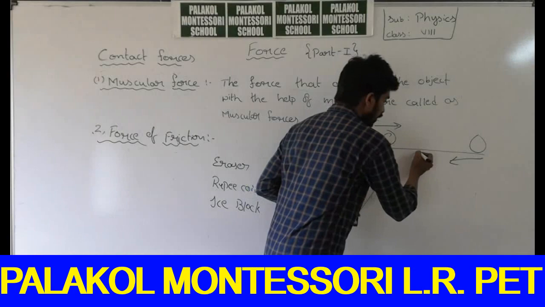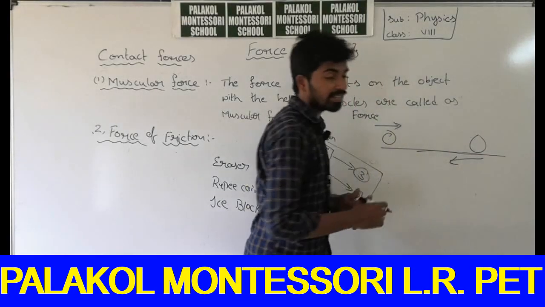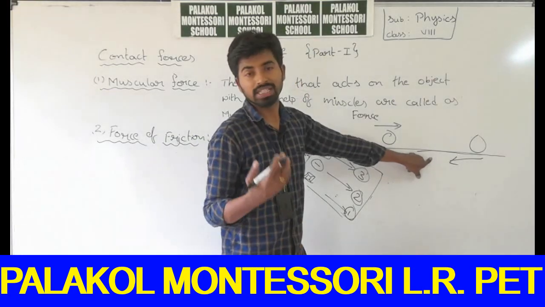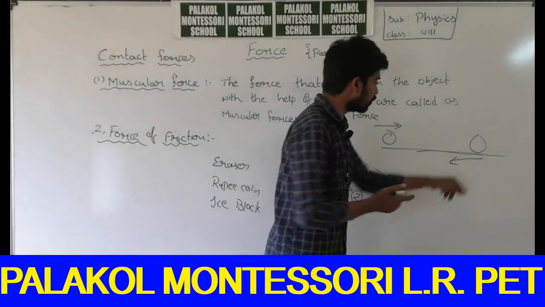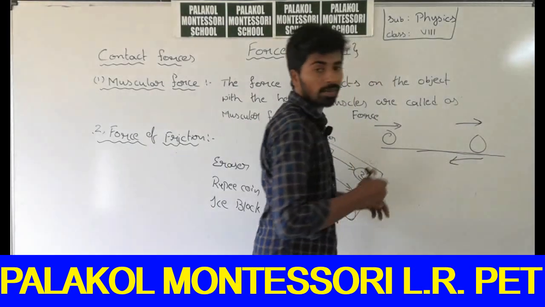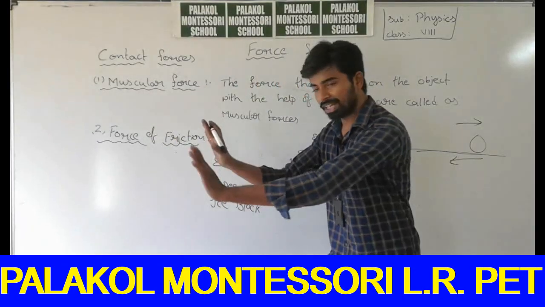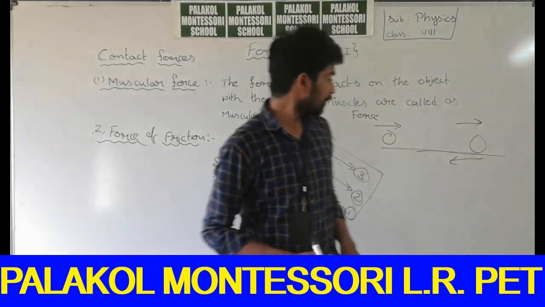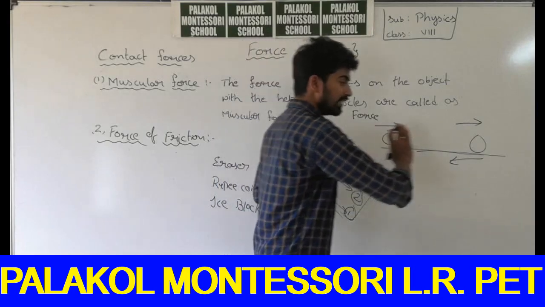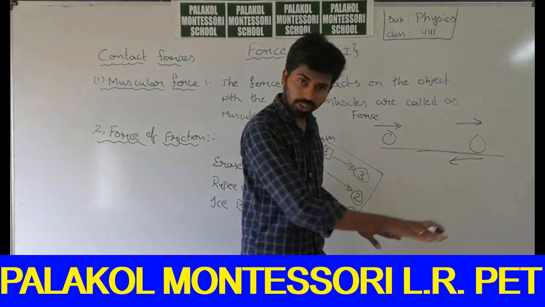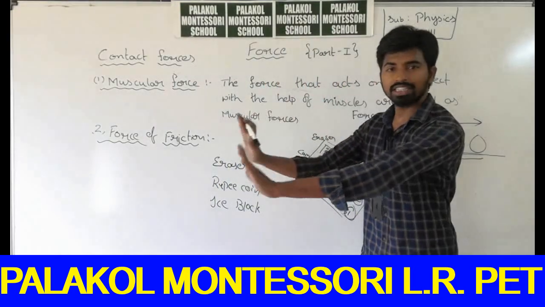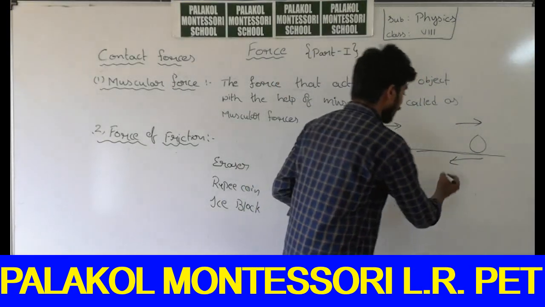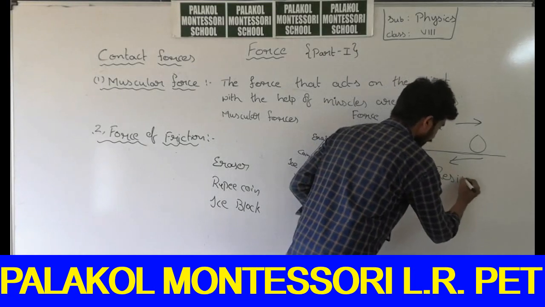This particular road surface. If an object is moving and you apply an opposite force, the object will stop, right. That force we call the resistance force, resistance to the motion.